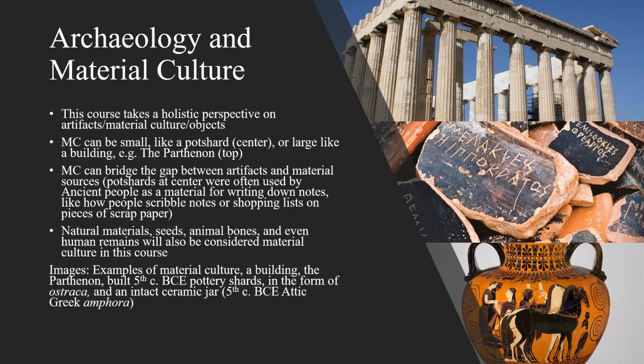In this course, we'll take a broad, holistic perspective on artifacts, material culture, and material objects. Material objects that are useful to archaeologists can be small, like a potsherd, or large, like a building.